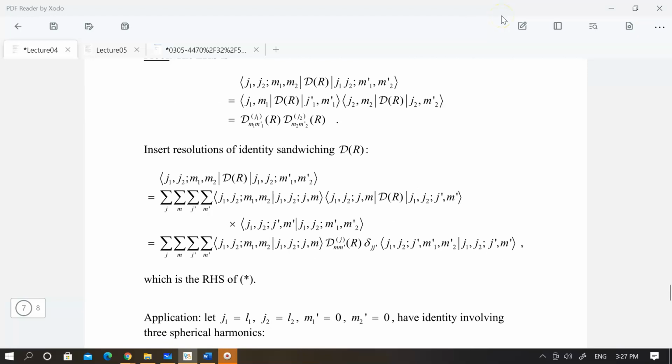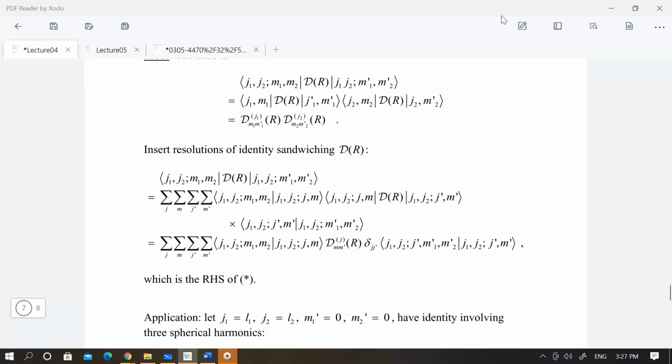Let me. If we look at this, these are essentially just plugging in your identity operator. J1 dash. Sorry, I'm getting really confused about this.